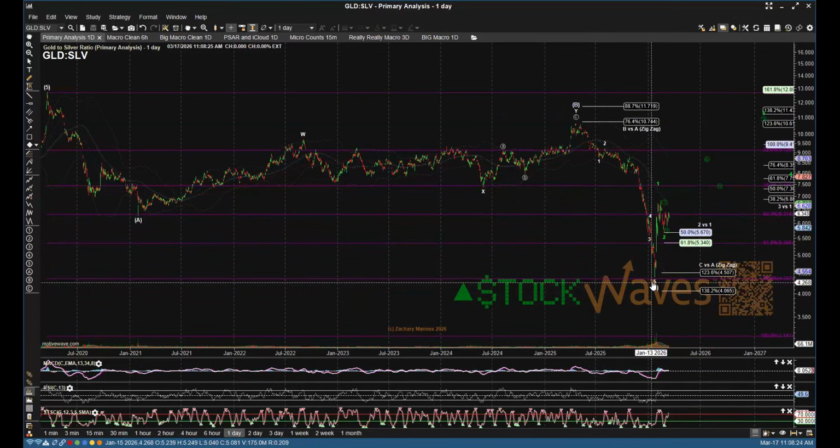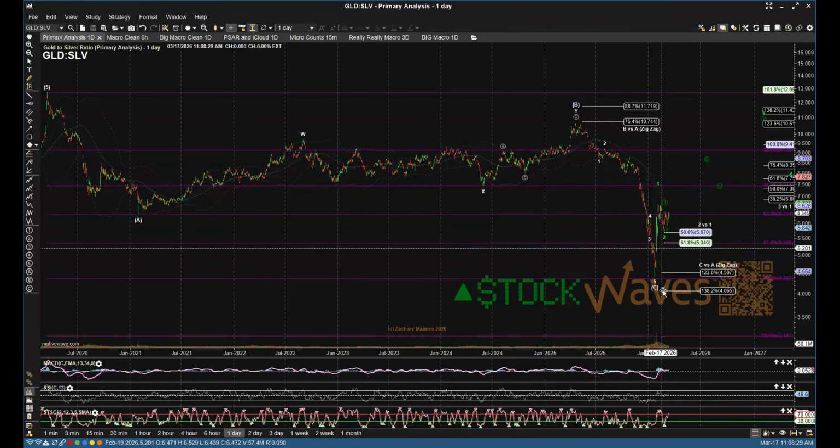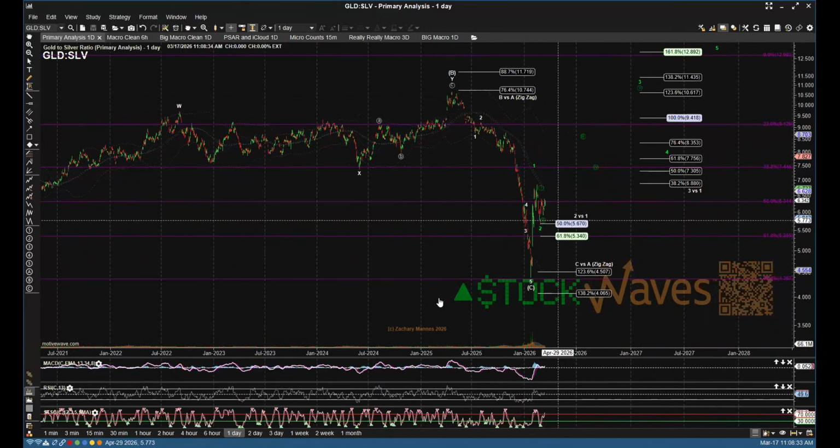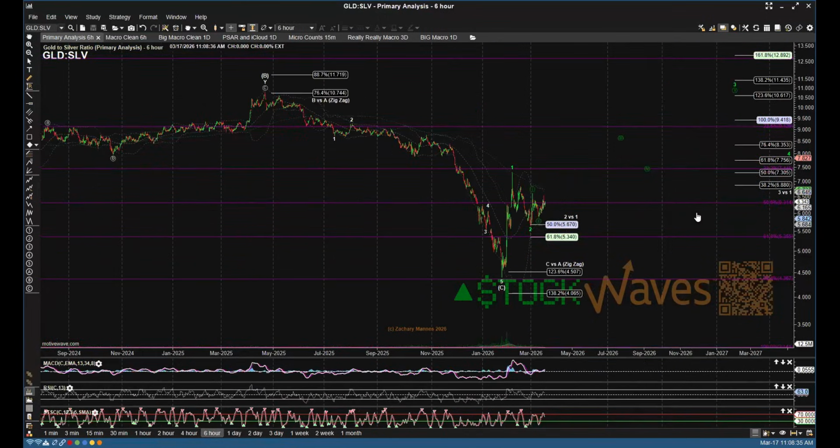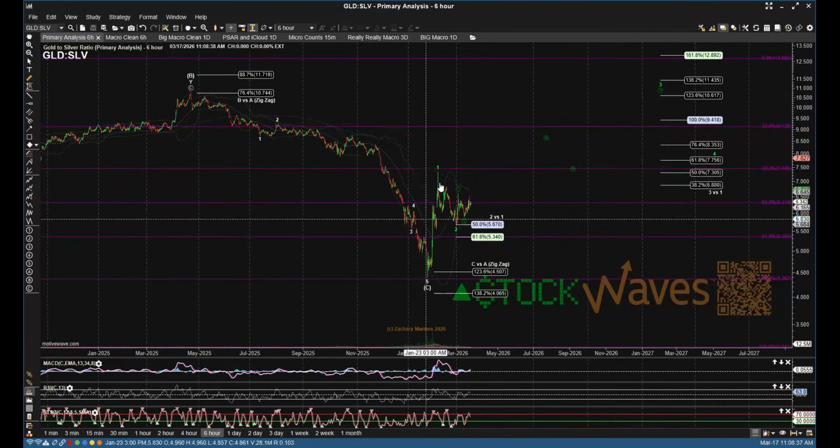We sliced a little below that to get down to the next fib instead of holding at the 618, which is perfectly acceptable, and have reversed very strongly off that low in what looks like a pretty impulsive five-wave move up.